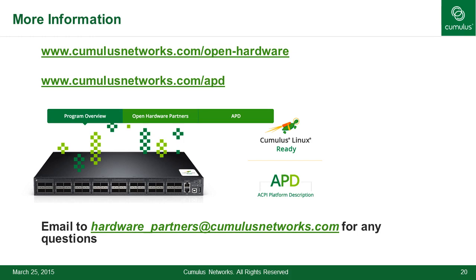The next question is, will Cumulus OS support VXLAN L3 gateways and VXLAN L2 gateways to integrate with NSX and Nuage? Is it ready? So the layer 3 gateway, I don't know exactly what this question means.